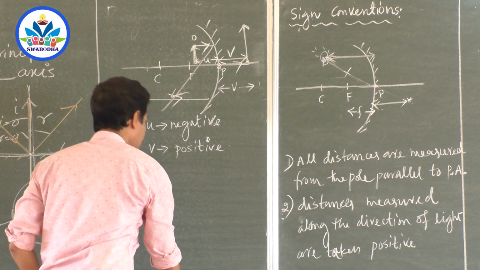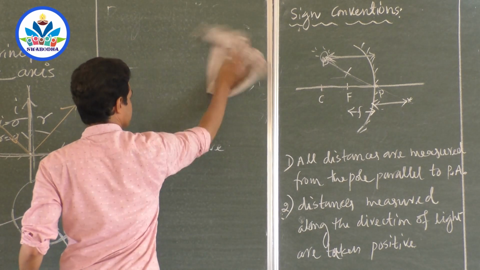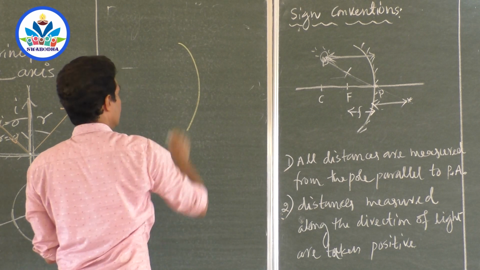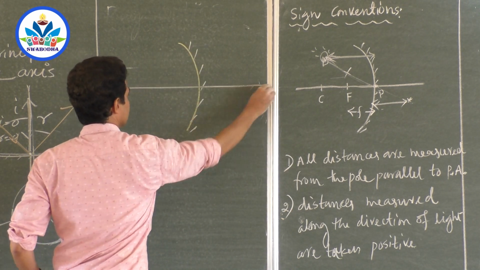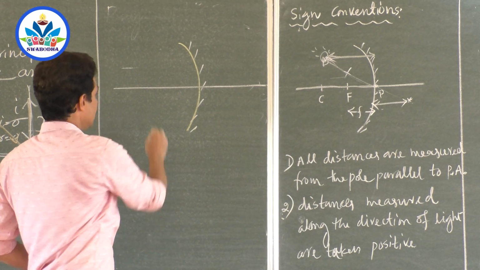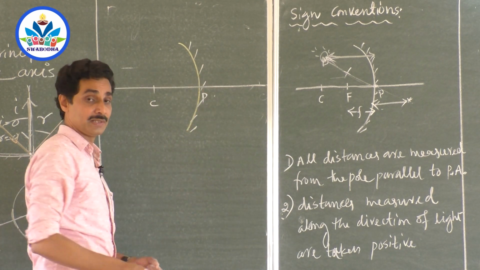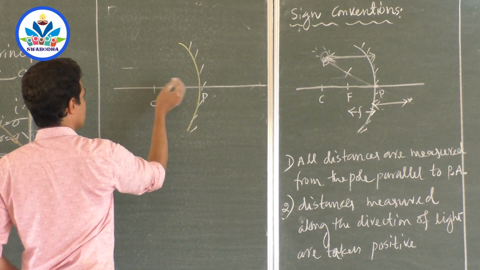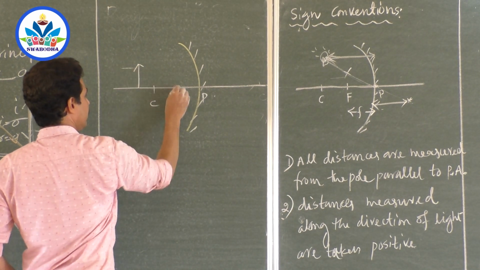Now, suppose you get an object and image like this. If this is a mirror, and this is the principal axis, the line joining the center and pole. Every time I repeat that definition so that it becomes a little familiar. And suppose there is an object here, and I get an image here.